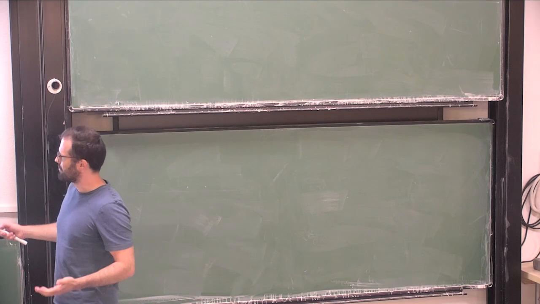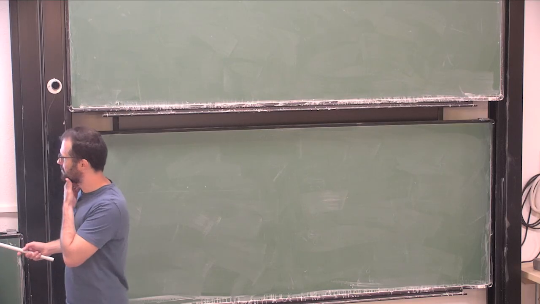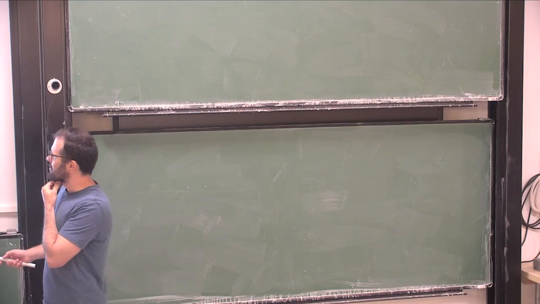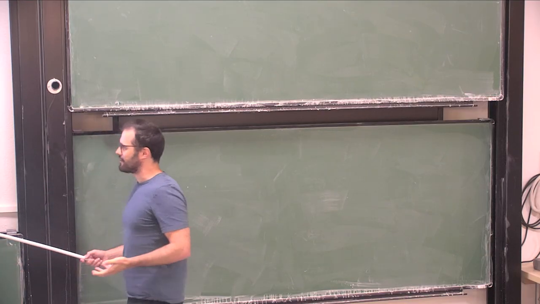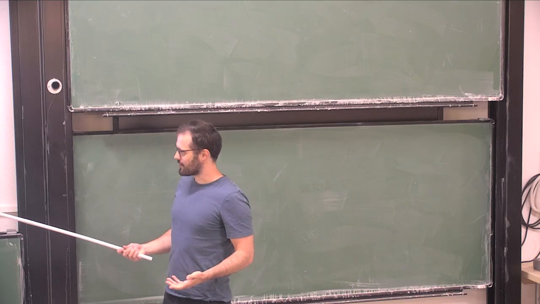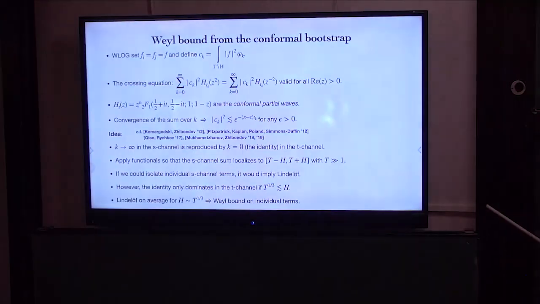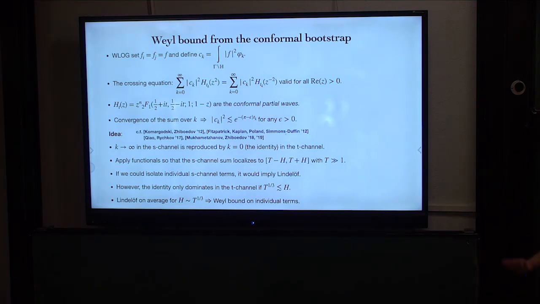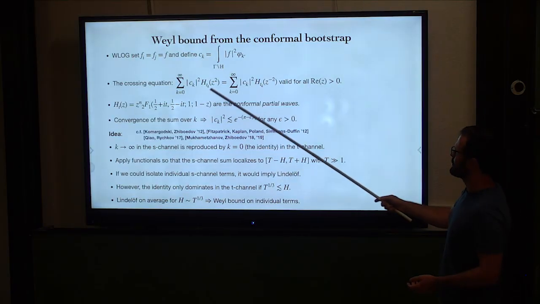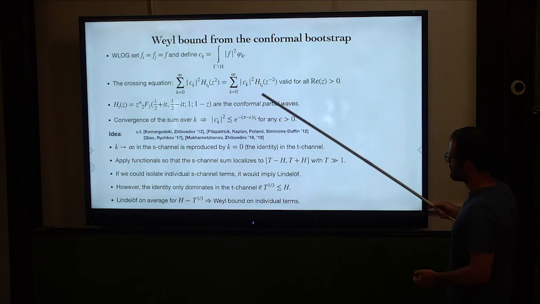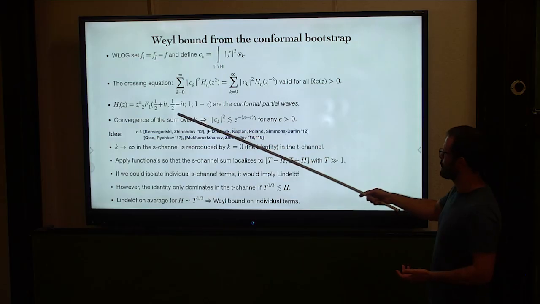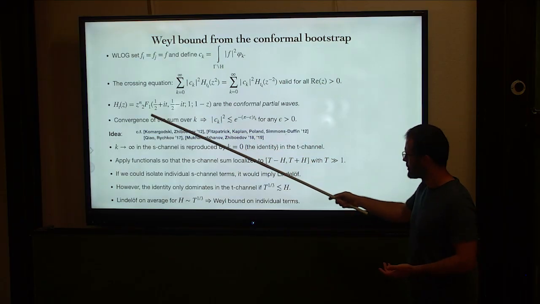I'm really running short on time, so feel free to ask me after the talk about the specific method. But you may wonder how physicists were able to improve on something that mathematicians did. That's a good question. And really the reason is that physicists like explicit formulas and explicit calculations. Our starting point was this very nice, very explicit recursion equation, where these H are conformal partial waves, very explicit hypergeometric functions.